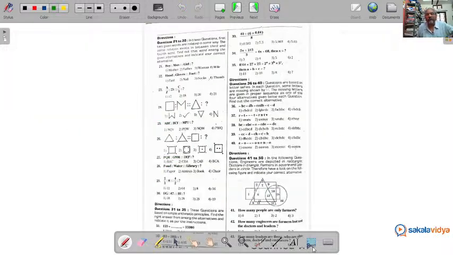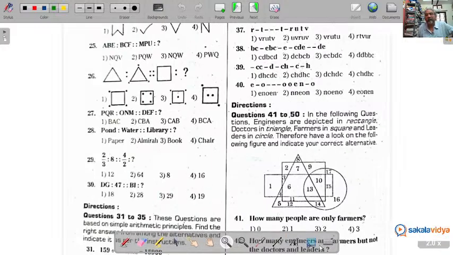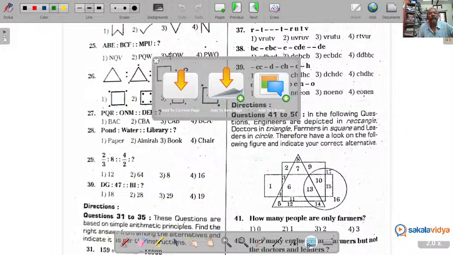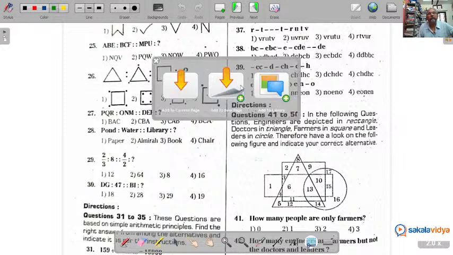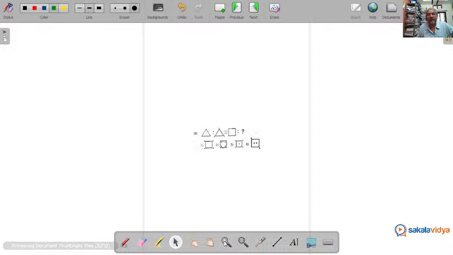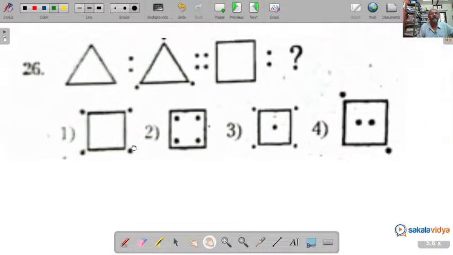So now let us move to the 26th one. This is also figure based, right, analogy.